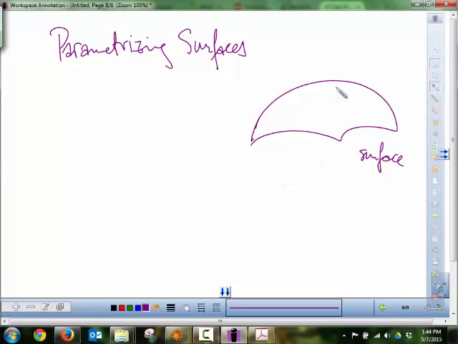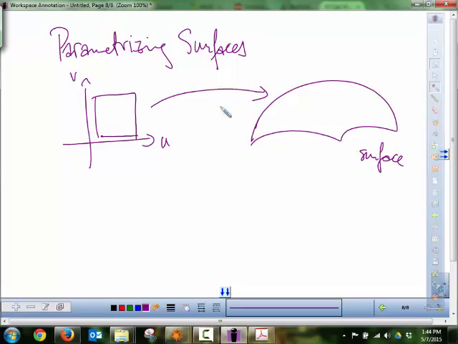But if you parameterize it not using the X and Y parameterization, if you use polar coordinates or cylindrical coordinates or some other weird way to parameterize it, what's happening is that you're really coming from a UV axis. And hopefully your domain is a nice simple rectangle that maps this space into this surface.